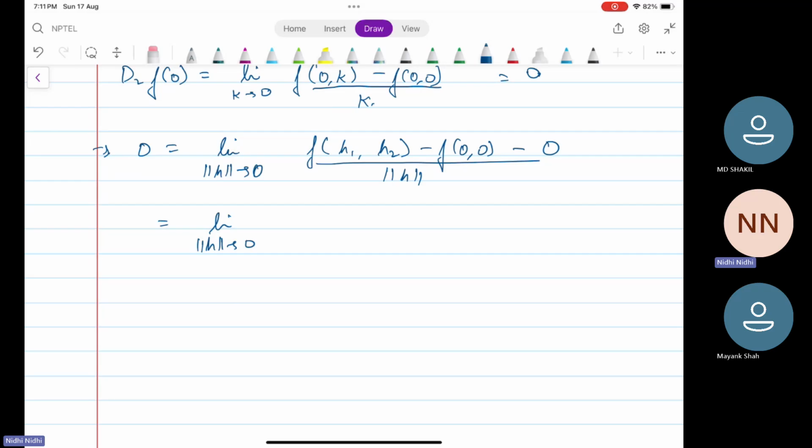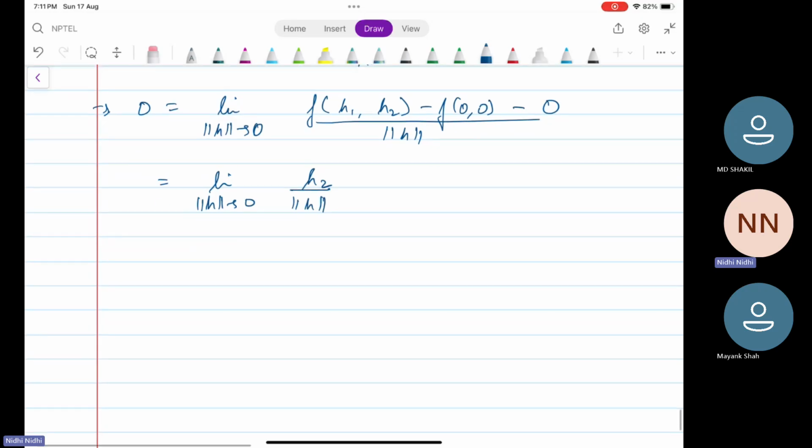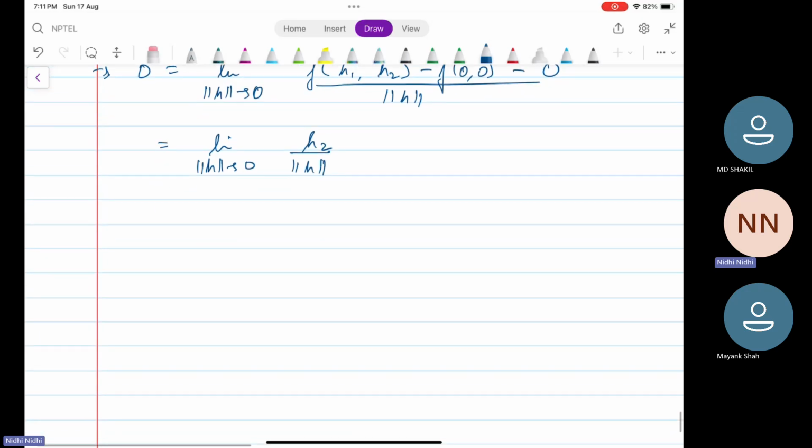So for non-zero h1, h2, this is equal to h2 by norm h. If I replace this norm by the Euclidean norm, this is the limit as (h1, h2) tends to (0, 0) of h2 divided by the square root of h1 squared plus h2 squared. So can you evaluate this limit?